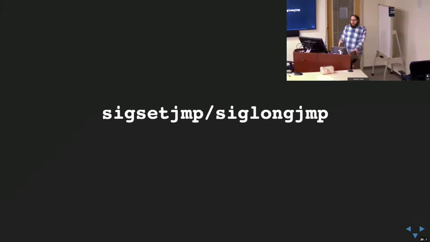The call to sigsetjmp returns 0 if it returned normally, i.e. you just called sigsetjmp, and it will return non-zero if you return to that point in execution because of a siglongjmp. So you can distinguish between the case where you just called sigsetjmp to save the state and the case when you called siglongjmp to restore state to that particular location in the code.